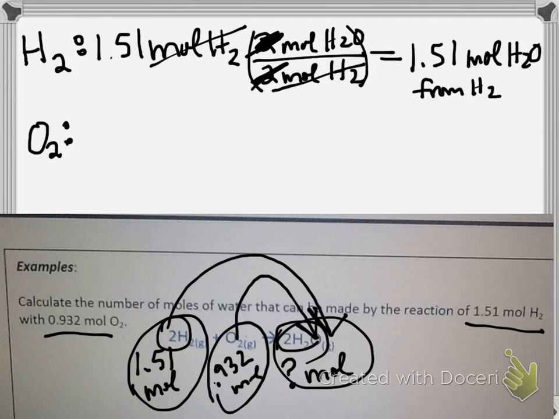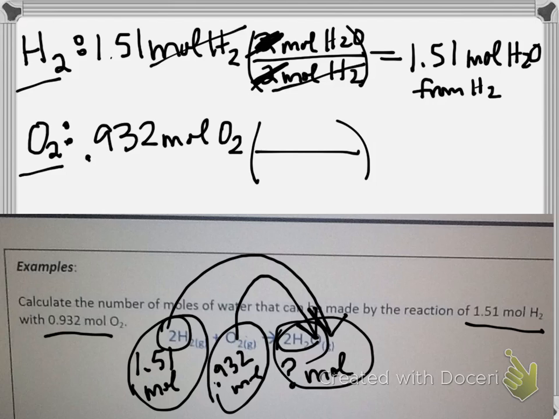from the hydrogen. Okay, now notice for a limiting reagent problem, because I'm going to be converting to moles of water twice, I always remind myself where that quantity came from. So this is if all the hydrogen reacted. Now let's do it for oxygen. We have 0.932 moles of oxygen given.